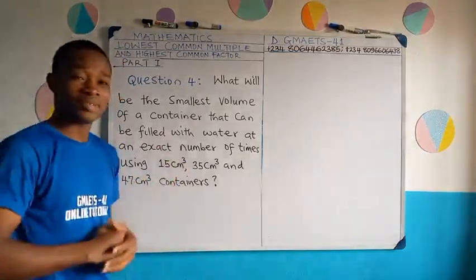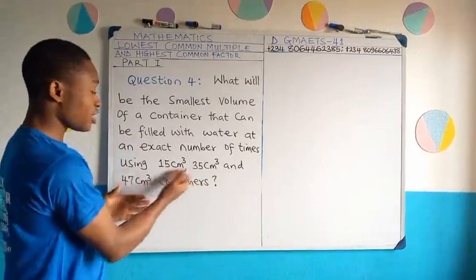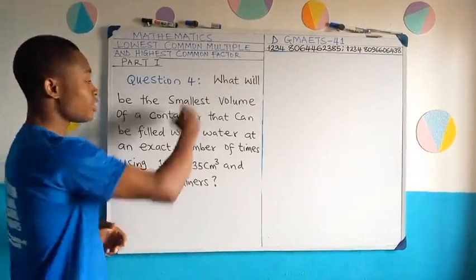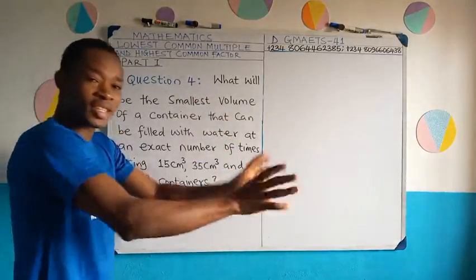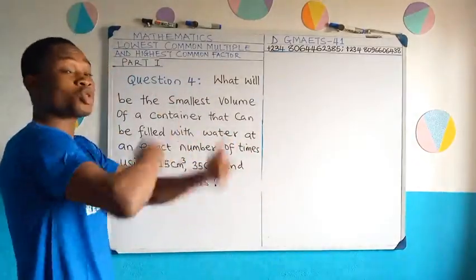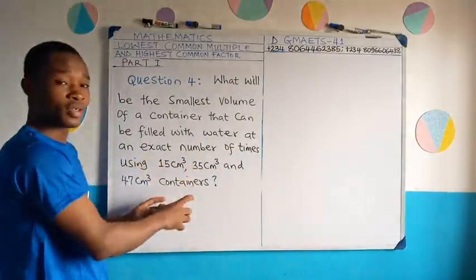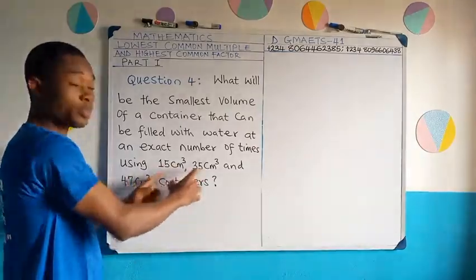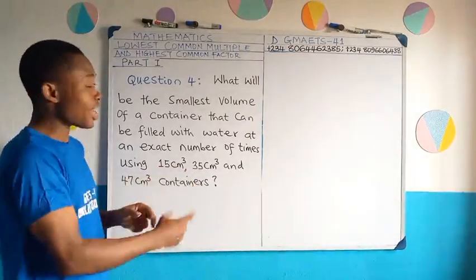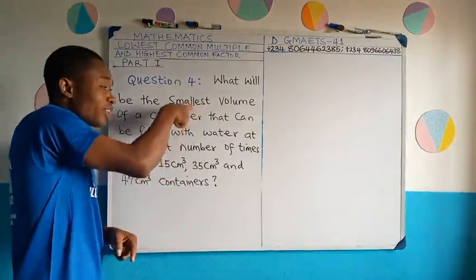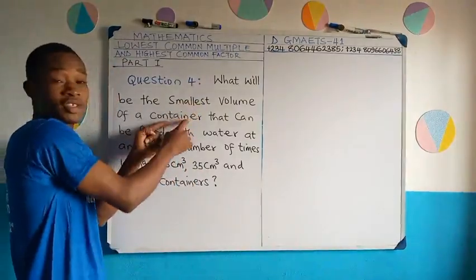So how do we solve this question? Now we have these containers, it's just like the 3 cups. Now there is another container, the smallest value of the container that you are to fill using these cups. You will fetch water using these cups or these containers and then fill this one here, but we don't know the size, the volume of this container here.